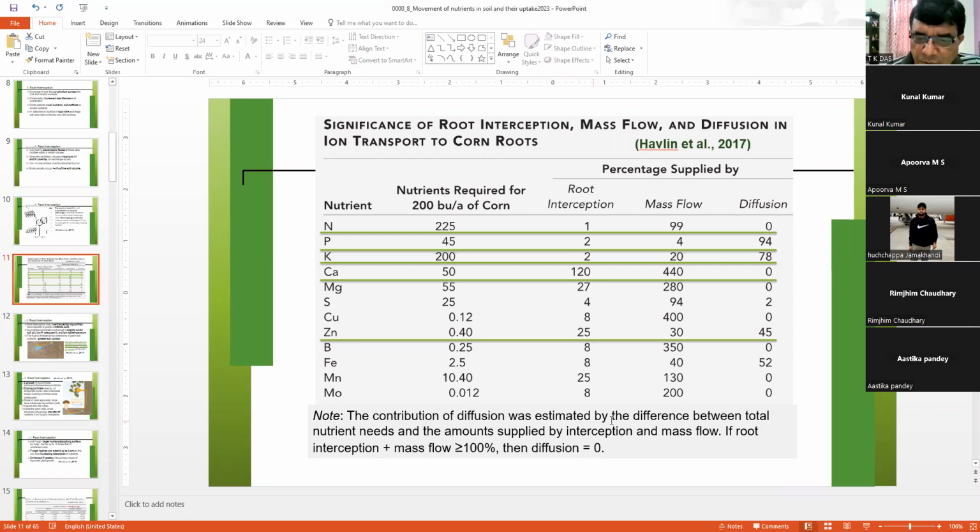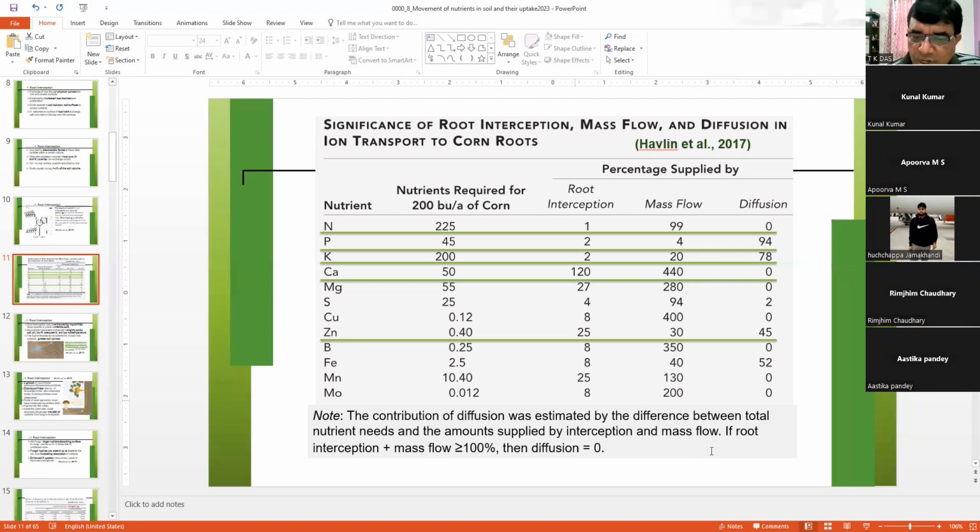The contribution of diffusion was estimated by the difference between total nutrient needs, meaning how much total nutrient was required by the crop, and the amount supplied by interception. Out of the total recommended nutrient applied, how much was moved by interception, mass flow, and also diffusion.